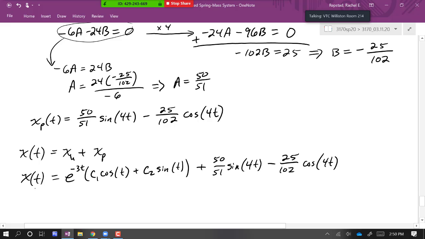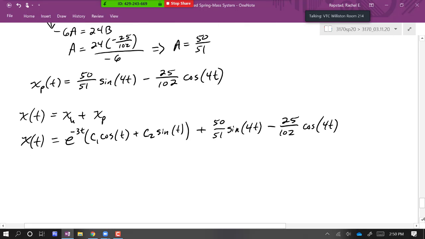That's looking pretty good. There's one more task ahead of us. What is it that we don't yet know that we need to find out? C1 and C2. Yeah, we need those constants. And the one bit of information we haven't used yet are the initial conditions.